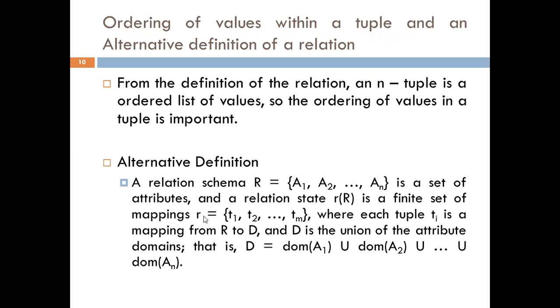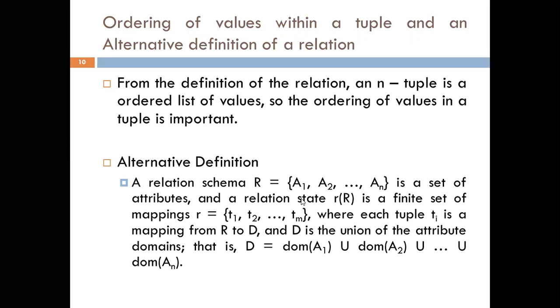So instead of defining the tuple as an ordered list, we can define a relation as a set of attributes. When we define a relation as a set of attributes, then the ordering of attributes becomes irrelevant. When the ordering of attributes becomes irrelevant, then obviously the ordering of values inside a tuple becomes irrelevant. That's why whenever we declare the values, we will also define the sequence of attributes.